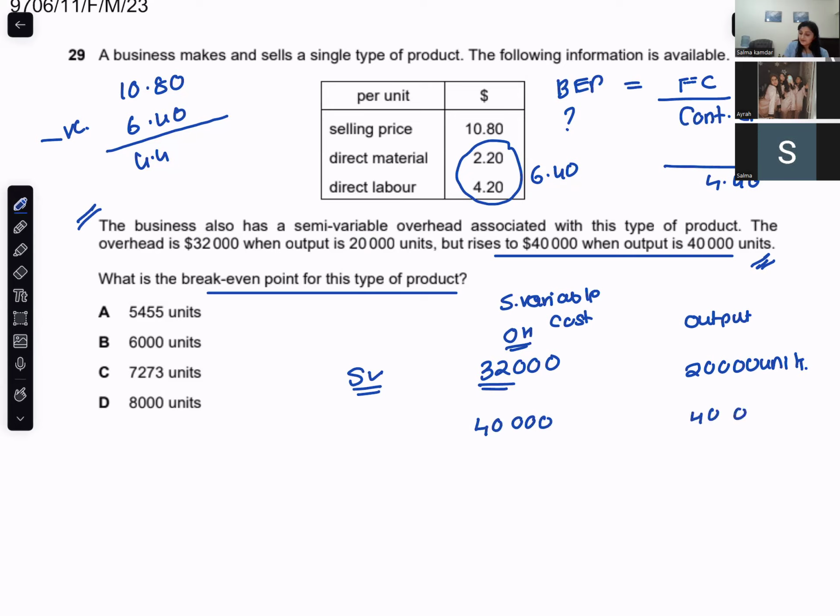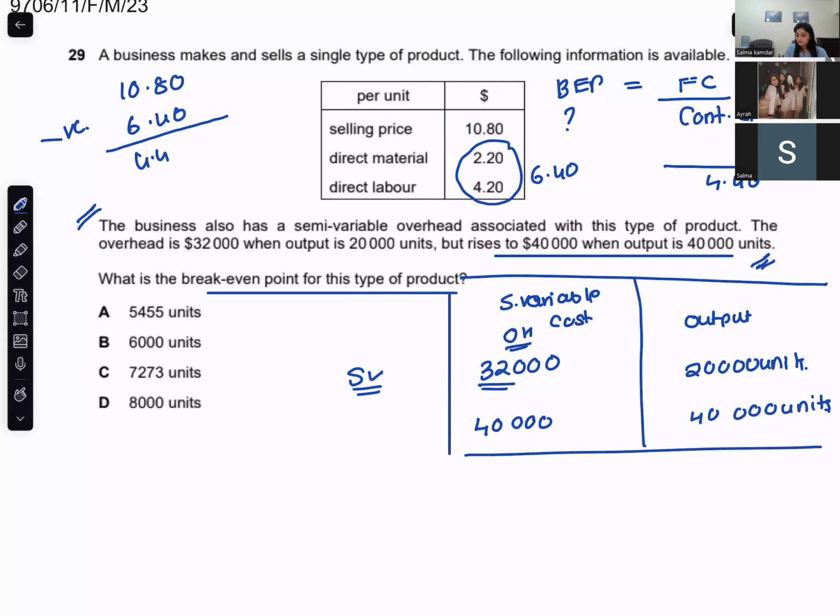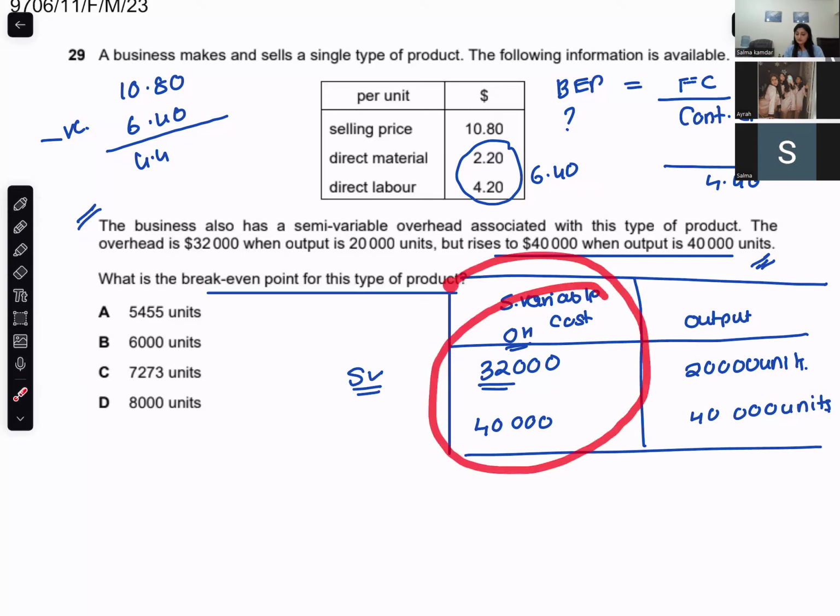To find the break-even point, what do you want? The fixed cost. With this information, what are you arriving for fixed cost? This cost is what? Semi-variable. That means it is partly variable and partly fixed. If it is partly variable, partly fixed, that means I can get the fixed cost included in it.